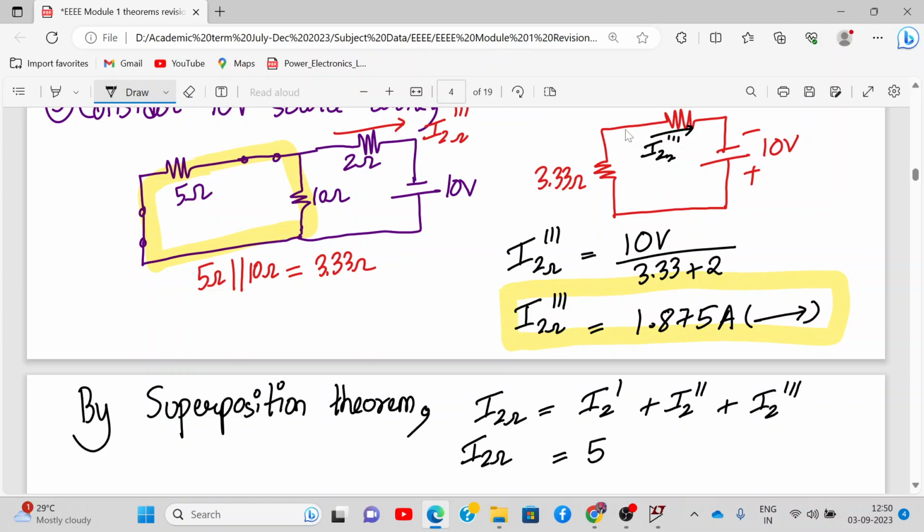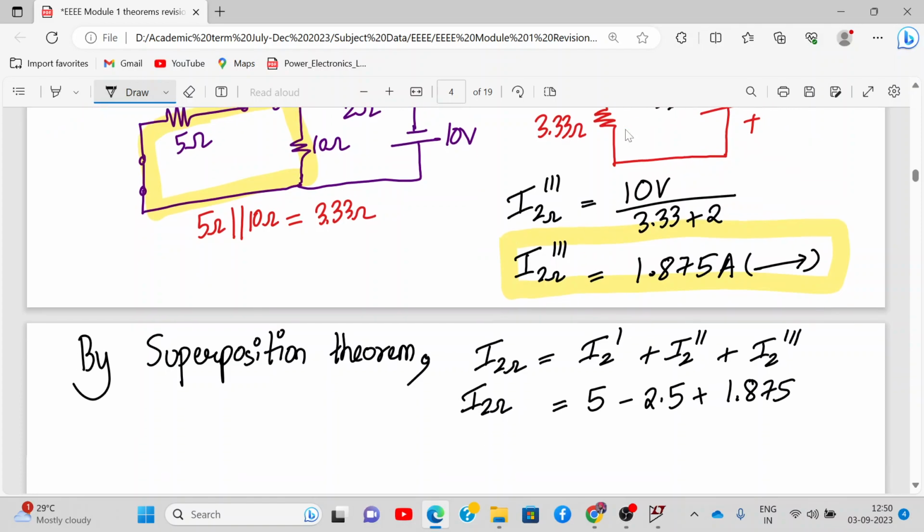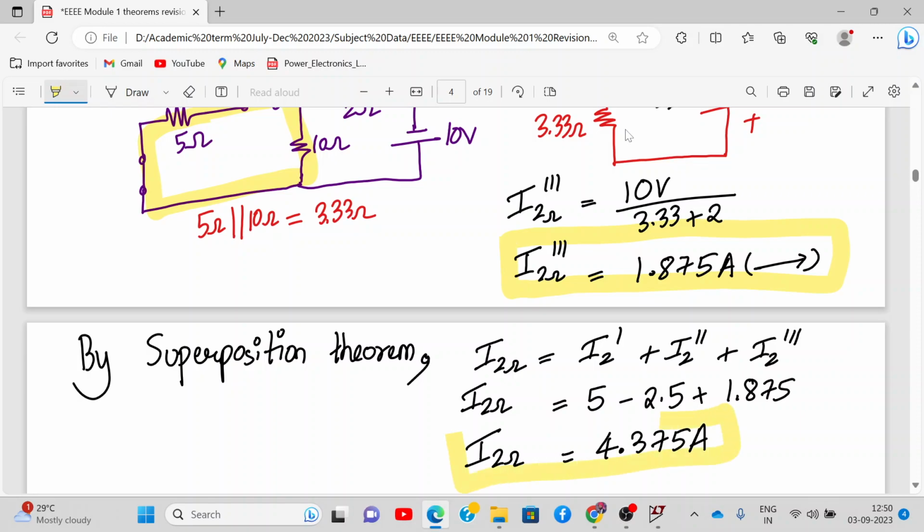How much was I2 double dash? Minus 2.5, and this is 1.875. So the current I2 flowing through 2 ohm will be 4.375. Just cross check this answer. So this is the final answer, 4.375. And this is how you apply the superposition theorem, one source at a time.